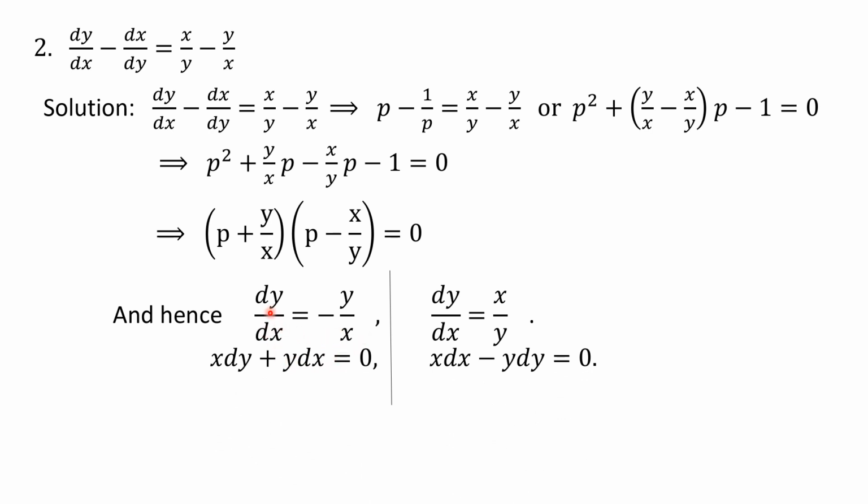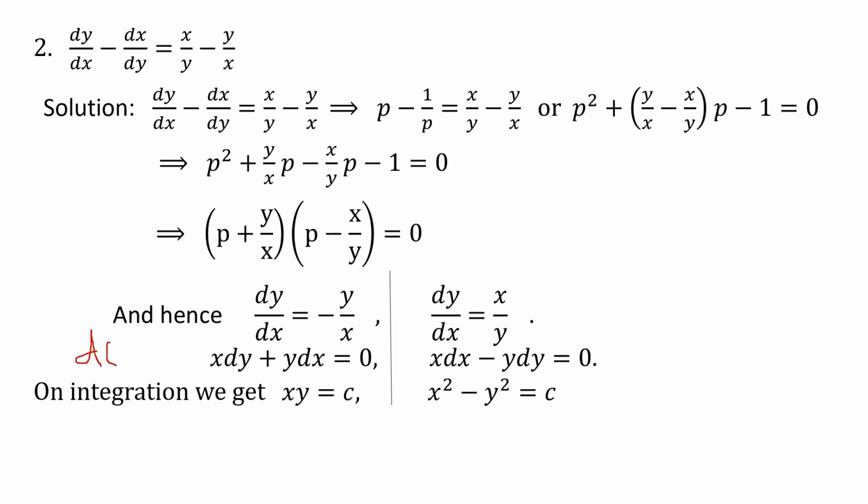So that means x dy plus y dx equal to 0. Here x dx minus y dy equal to 0. So integrate. So this is nothing but actually a direct derivative. So x dy plus y dx is nothing but d of xy. Product rule.